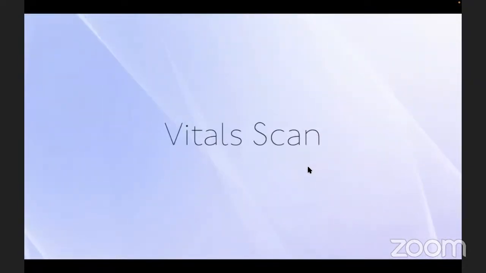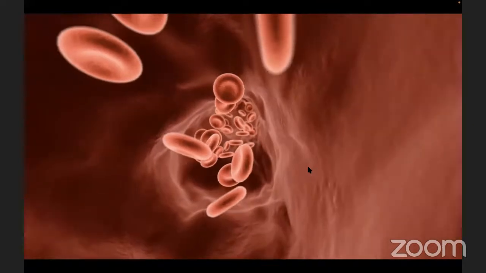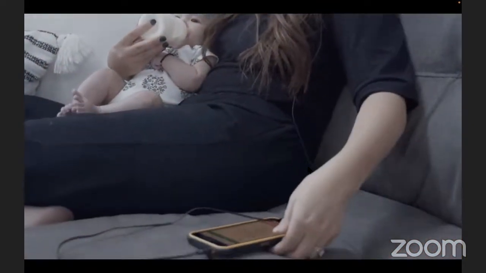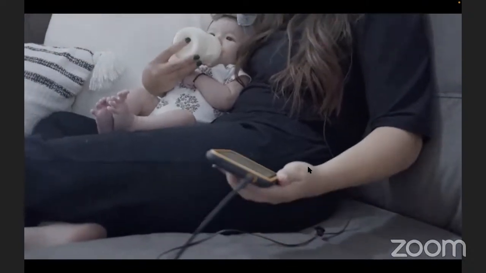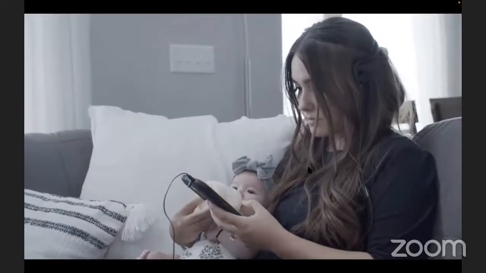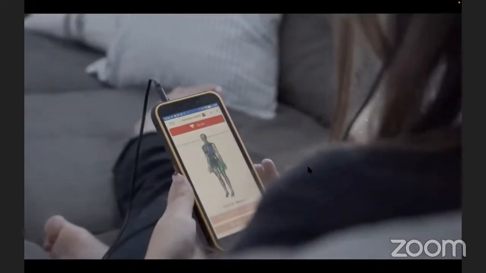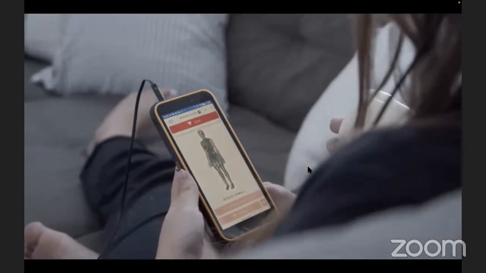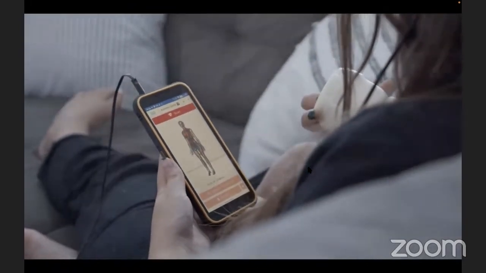The vital scan reads the energetic state of your blood biology to identify which areas are out of balance, and then sends optimizing frequencies to teach the body how to come back into balance. The information obtained from the scan includes reports of before and after the optimization. Have you ever worn a pair of noise-canceling headphones? Think of all the noise around you.